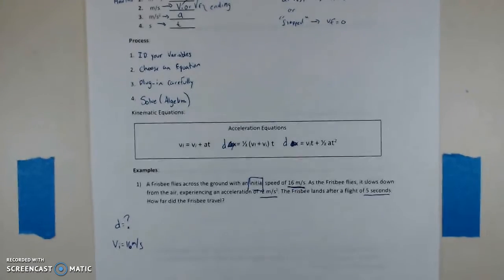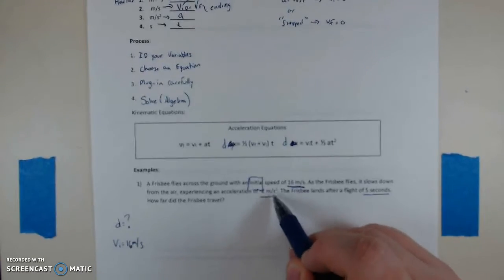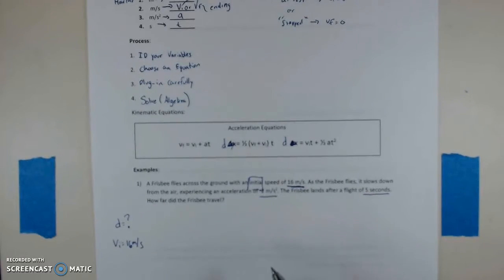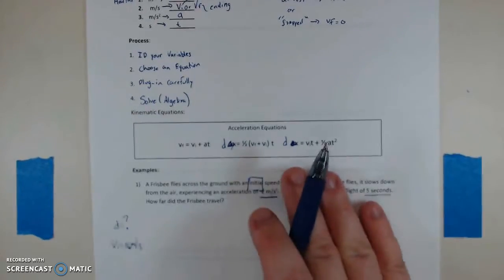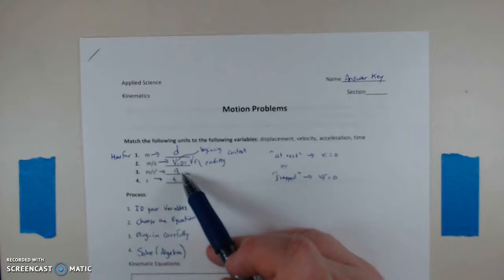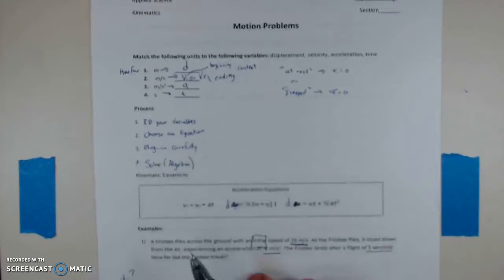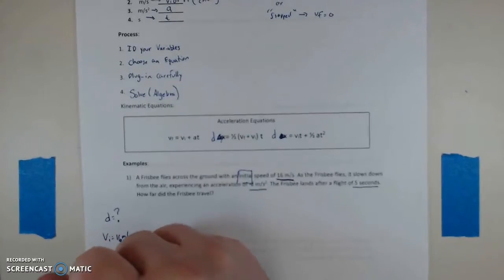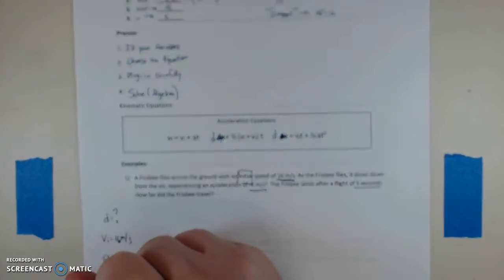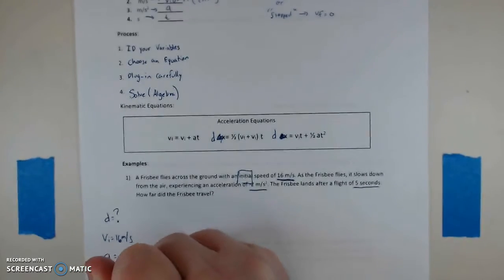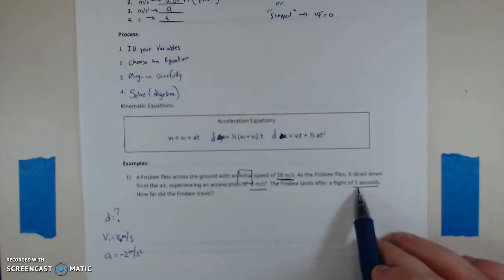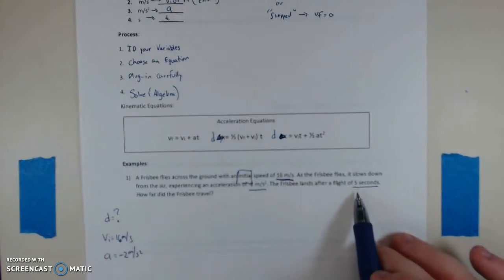As the Frisbee, the next number we have down here, I boxed it by accident, is negative 2 meters per second squared. Meters per second squared, if we check up here again, that's an acceleration, so we automatically get that one, which is nice. And then finally, they also tell us over here we have a flight time of 5 seconds.